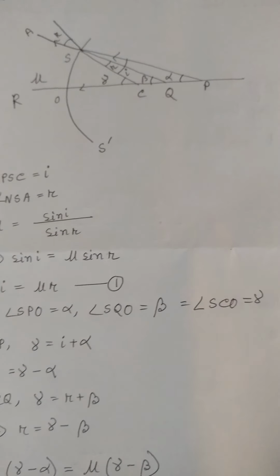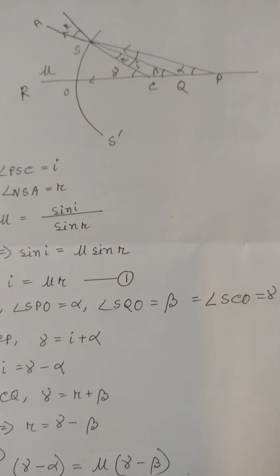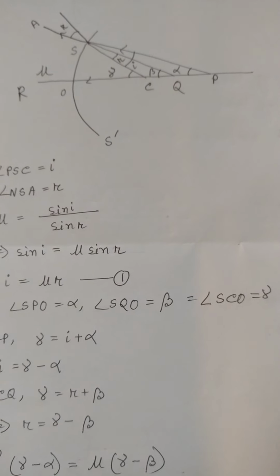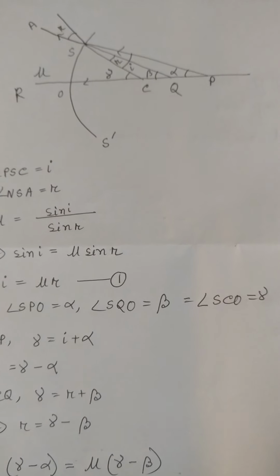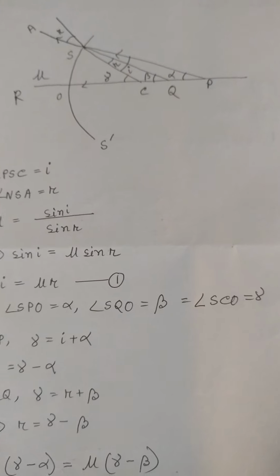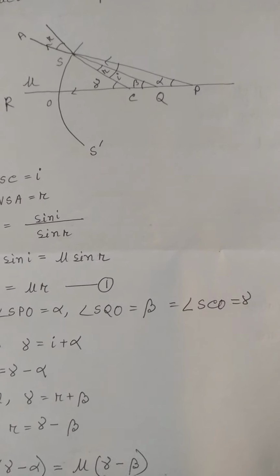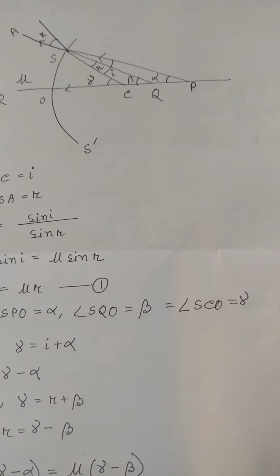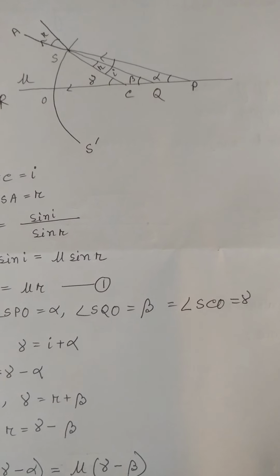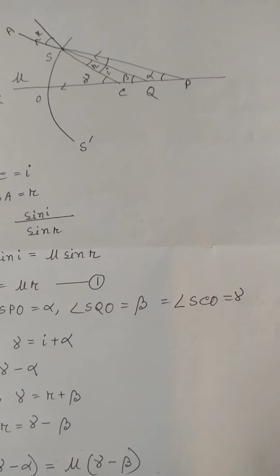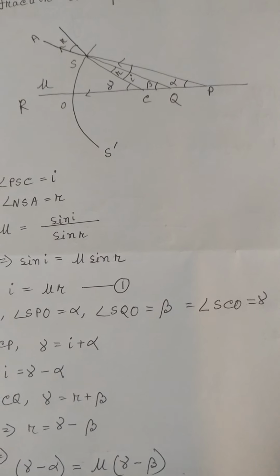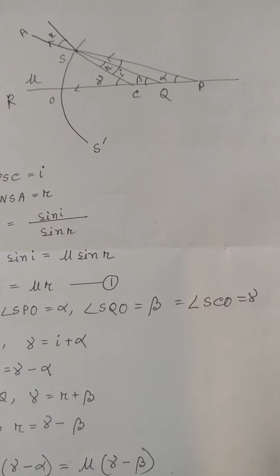You know that the refractive index of air is 1. So one medium is air and the other medium has refractive index mu. Let mu be greater than 1.